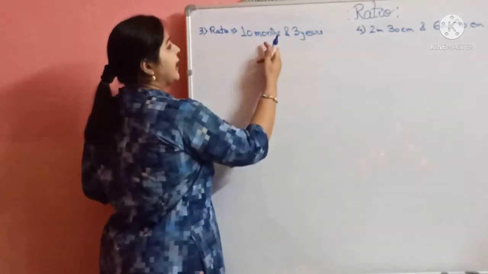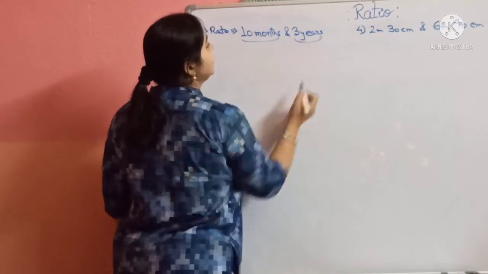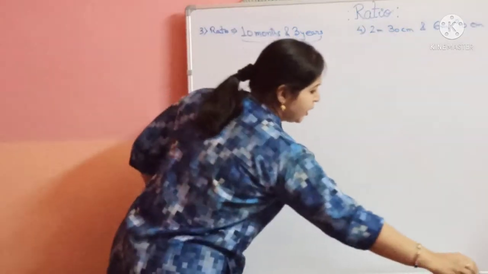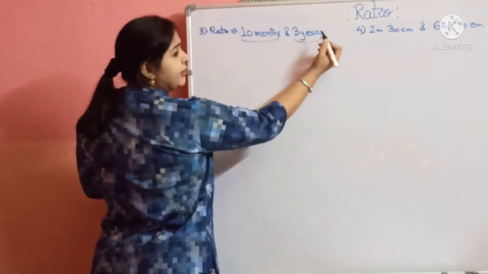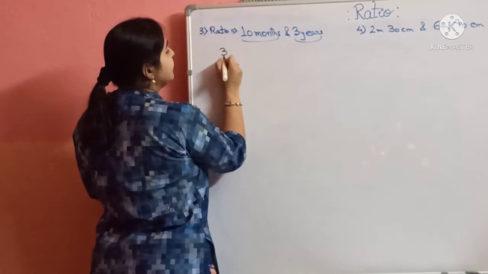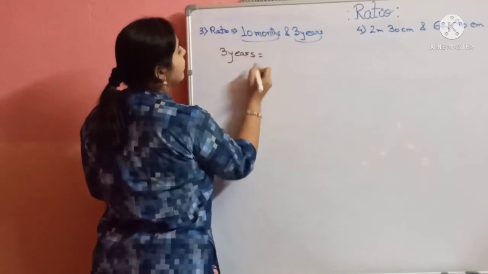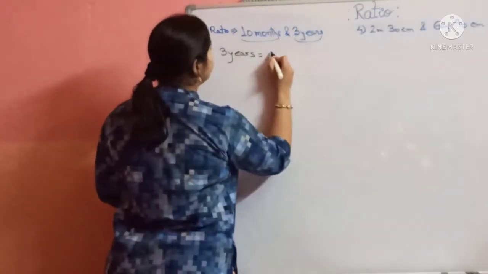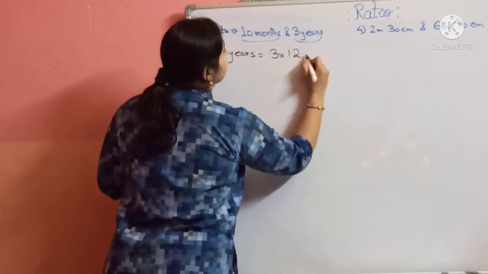So 10 months and 3 years means we have 10 months, 3 years. What should we do now? Just turn the greater unit to the smaller unit. The greater unit is 3 years. To convert it into months, what should we do? 3 into 12.